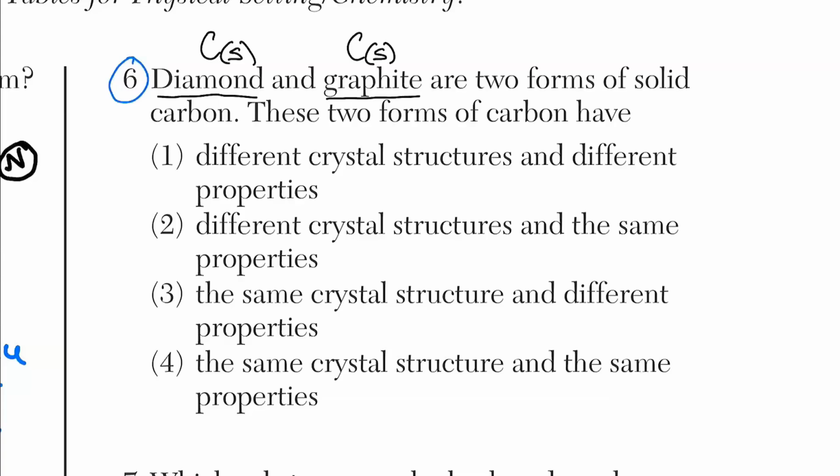Okay, now clearly diamond and graphite have different properties. All right, so if they have different properties, I say this statement over and over again. Structure is king.